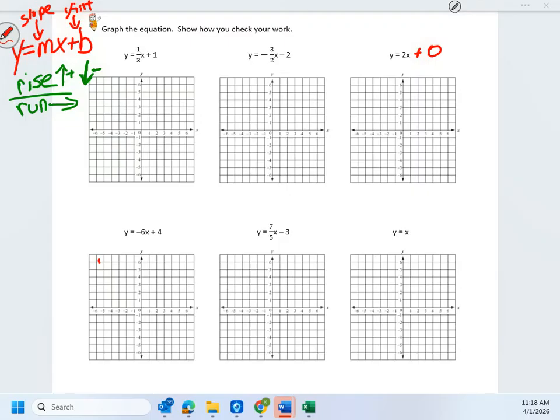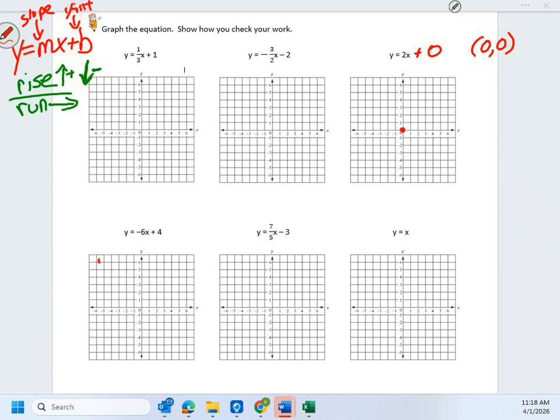So if we put a 0 there, can we find our y-intercept? What would it be, Colton? 0, 0. Oh, x is always 0. Now that's 0. Now if I'm going to plot 0, 0, I know it's right in the middle of my grid. So sometimes we get that slope-intercept form, y equals mx plus b, and there are missing parts. Think about your invisible math.